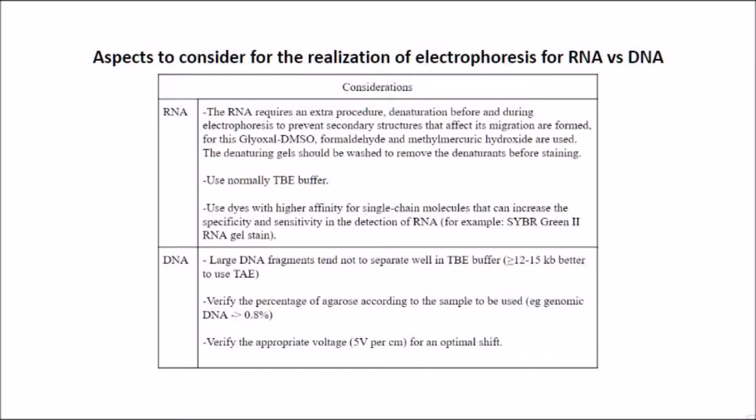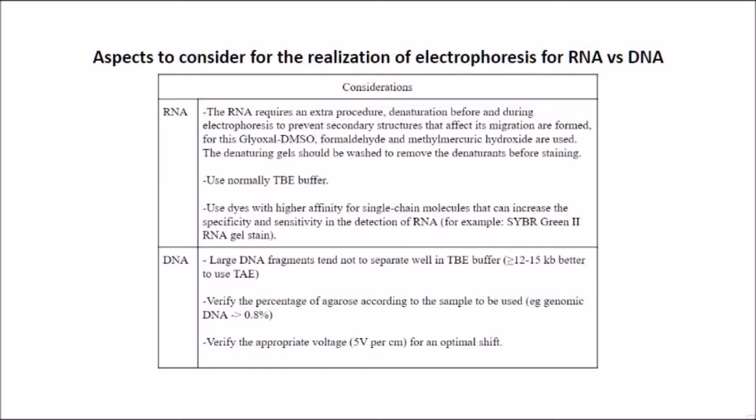For this, DMSO, formaldehyde, and methylmercuric hydroxide are used. The denaturing gel should be washed to remove the denaturants before staining. Also use normally TBE buffer and use dyes with higher affinity for single-chain molecules that can increase the specificity and sensitivity in the detection of RNA.